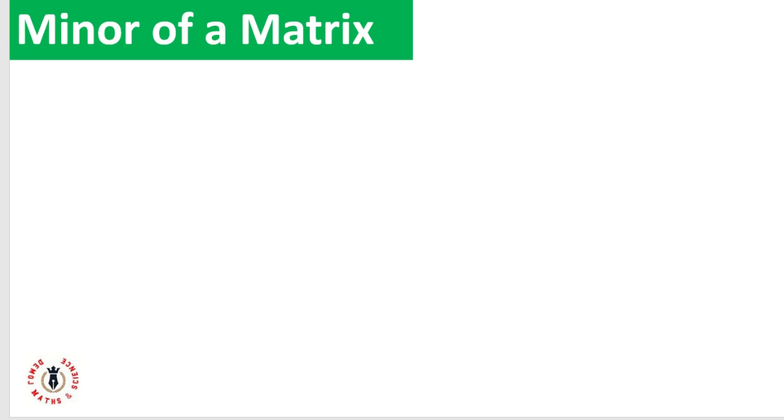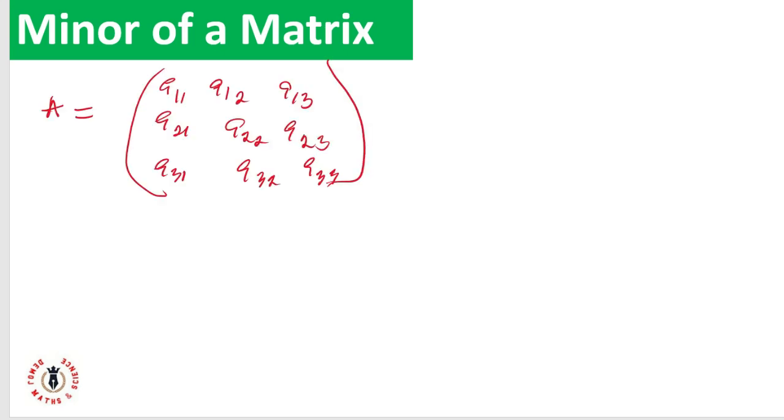Let's say we have a matrix A. Now the minor of this matrix, we can find the minor of each element of this matrix. The minor of the element A11 will be, we remove the row and column associated with A11.